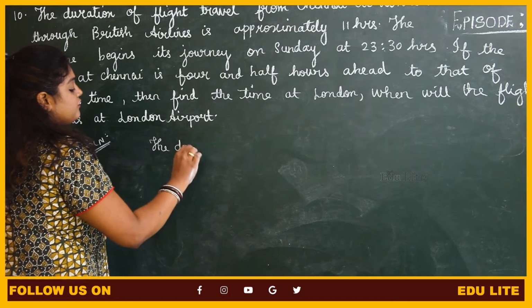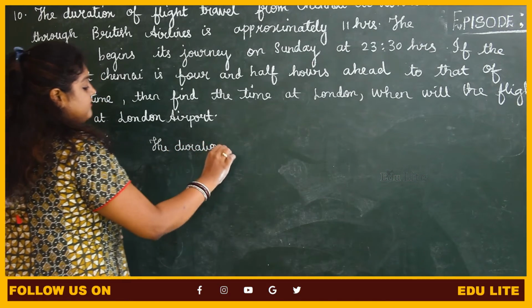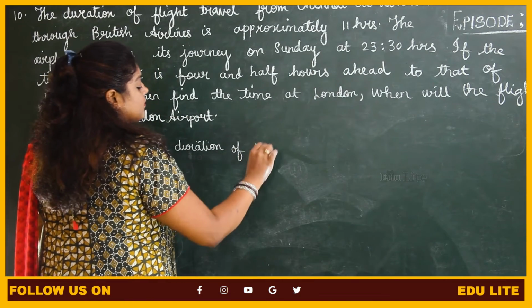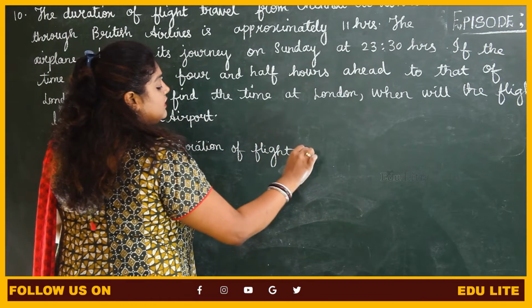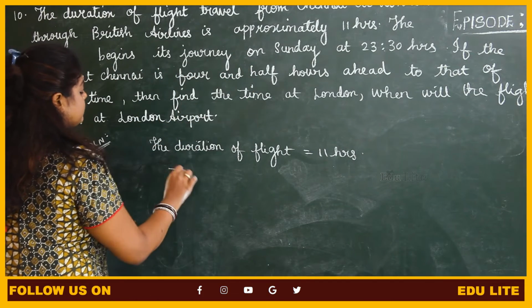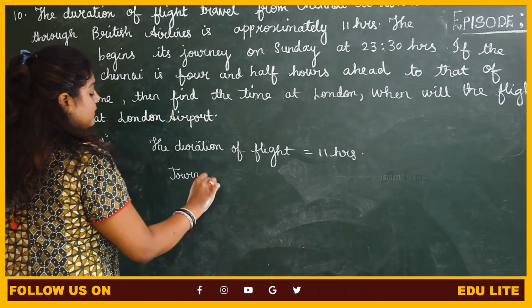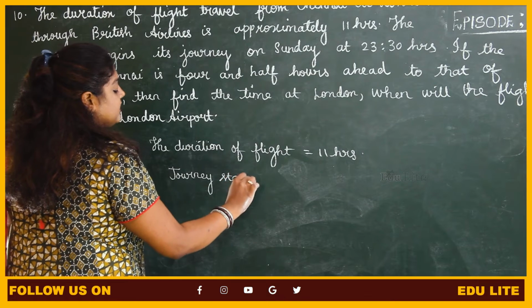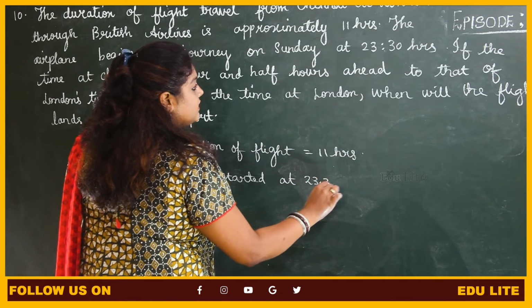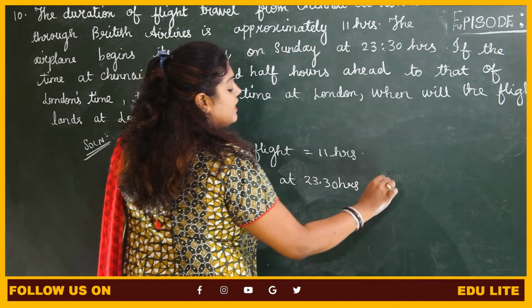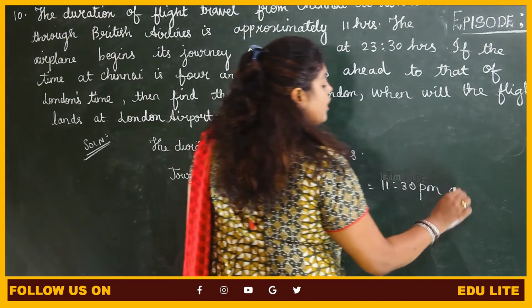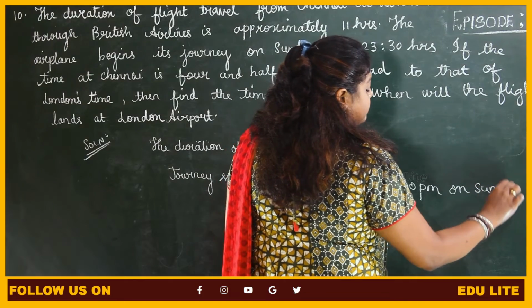The duration of flight is 11 hours, given, and the journey started at 23:30 hours, which means 11:30 p.m. on Sunday.